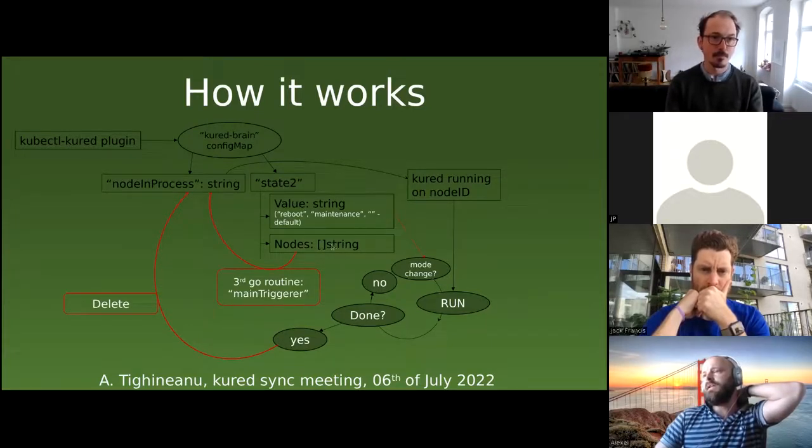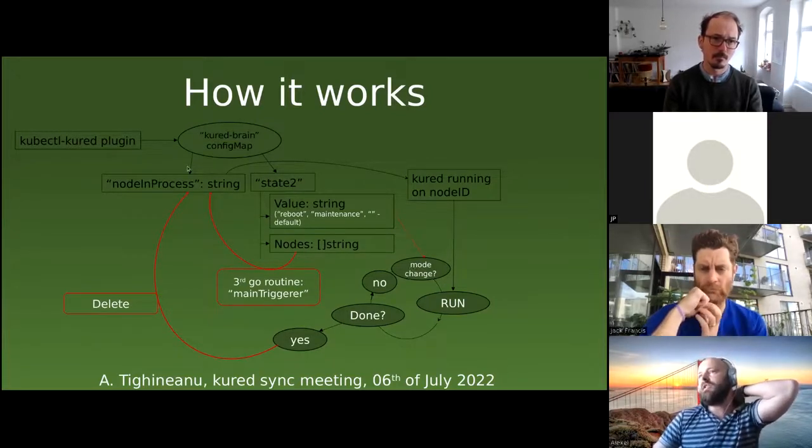If yes, it takes one element and populates this one. The reboot or maintenance sentinel checks if there is a node in process. If there is, it checks in which mode it should run, and when the job starts, it changes the value, the payload of this key, to invoked.